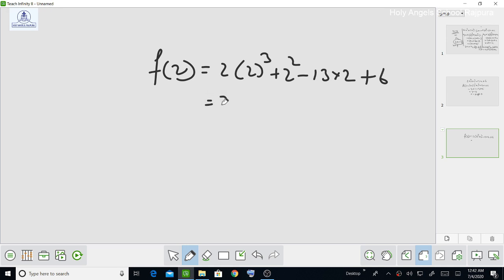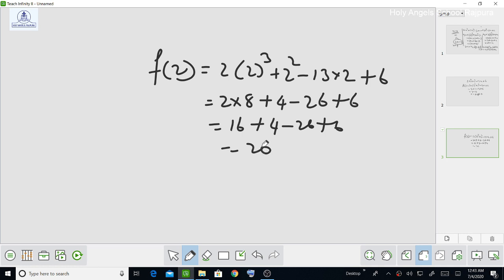This is equal to 2 into 8 plus 4 minus 26 plus 6, that is 16 plus 4 minus 26 plus 6, this is 20 minus 20 is equal to 0. Look, we are getting f(2) equal to 0, that means the remainder is 0. Therefore, x minus 2 is a factor.